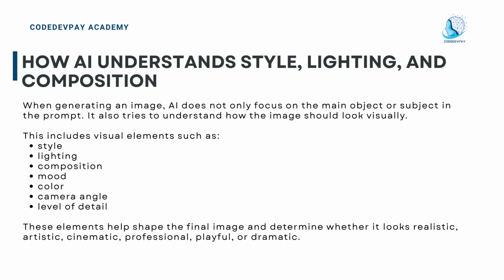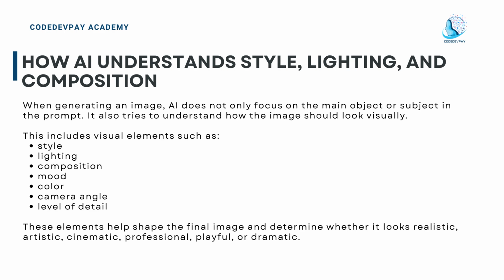And how does AI learn style? During training, the model is exposed to different kinds of images, including realistic photography, paintings, illustrations, 3D renders, cartoons, and graphic designs. As a result, it learns what certain styles usually look like.